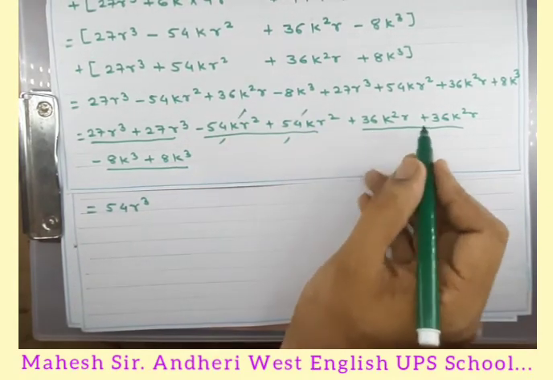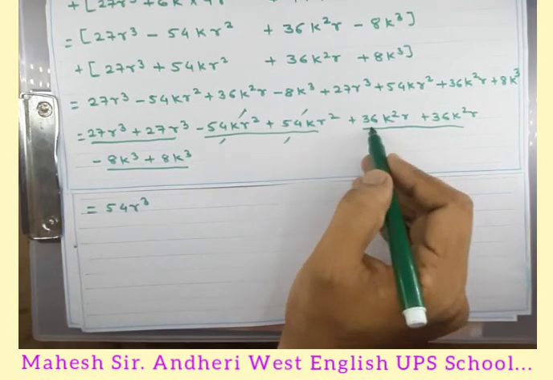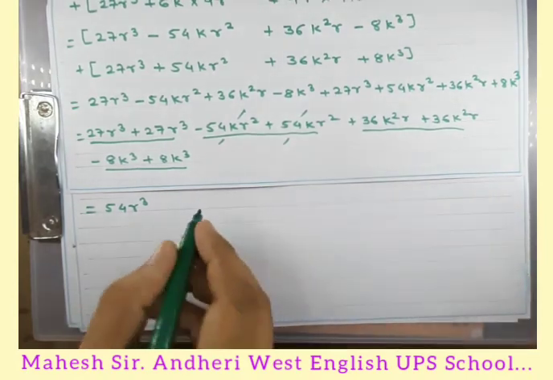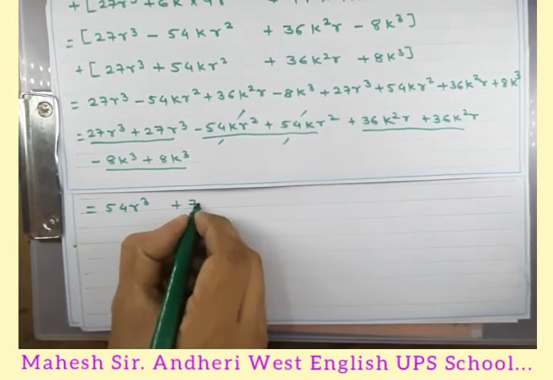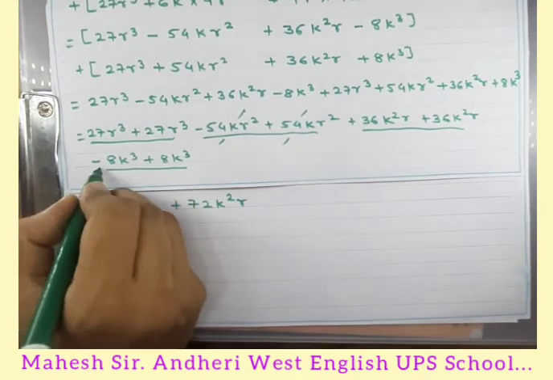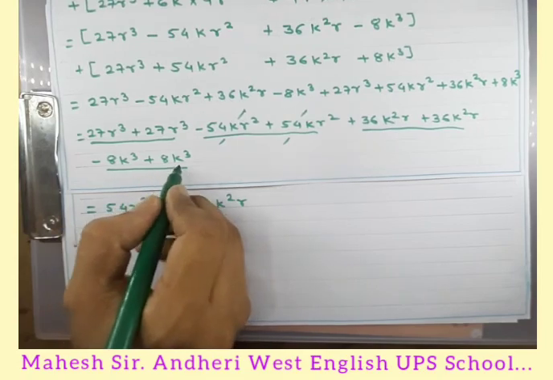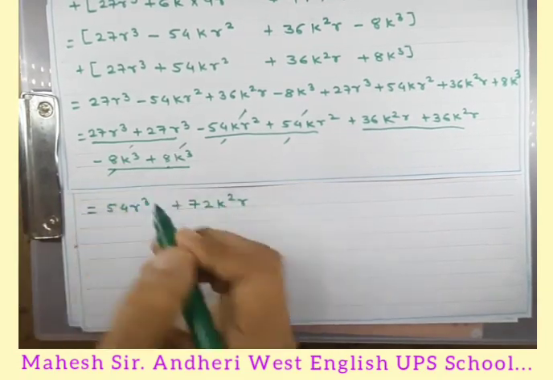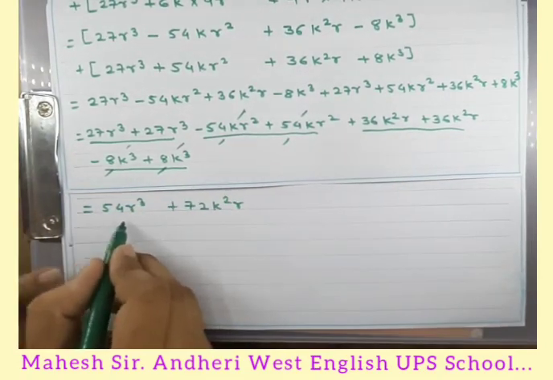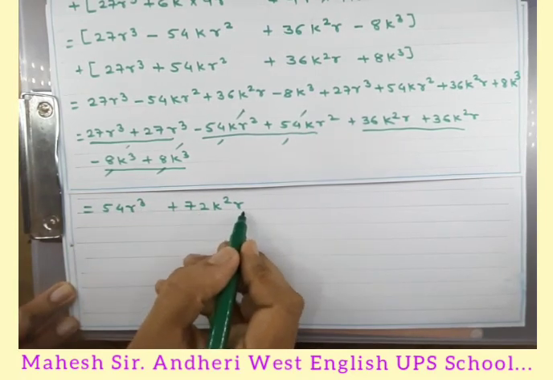Here 36 k square r plus 36 k square r, that is 36 plus 36, which is 72 k square r. And here minus 8k cube plus 8k cube, these two will get cancelled. So this is our final answer: 54r cube plus 72 r k square.